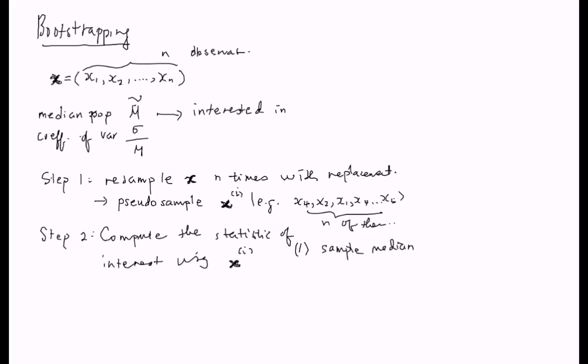So this one we would write as t of x i. And then basically your step 3 is to repeat steps 1 and 2 B times, where your B is generally 10,000 times, which should be enough, right?